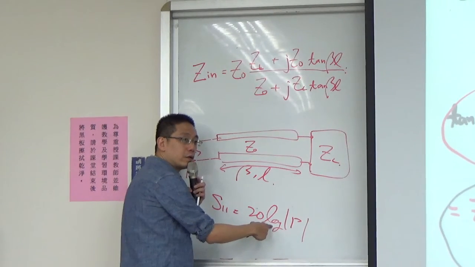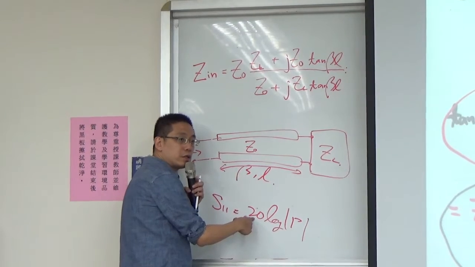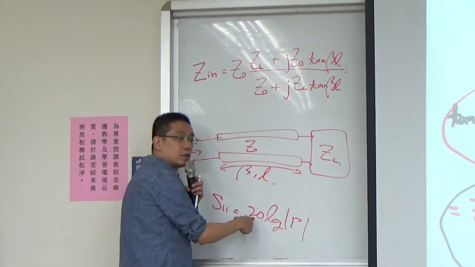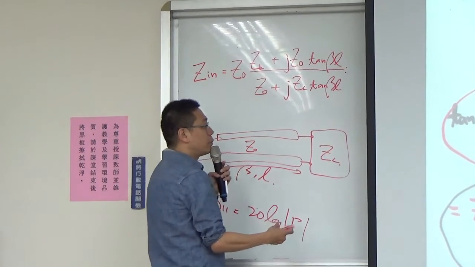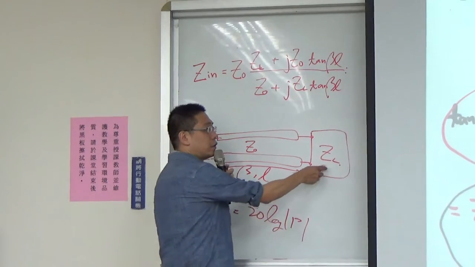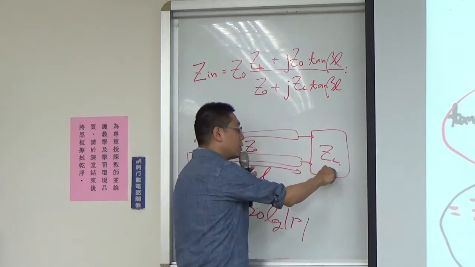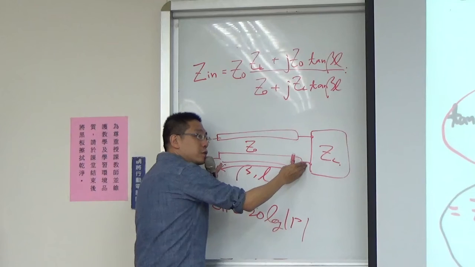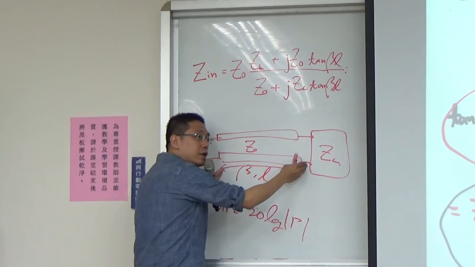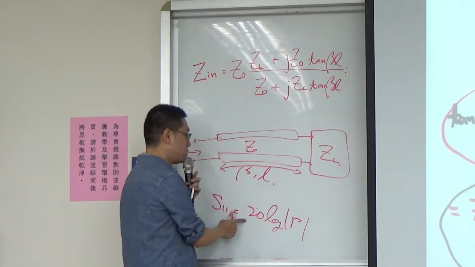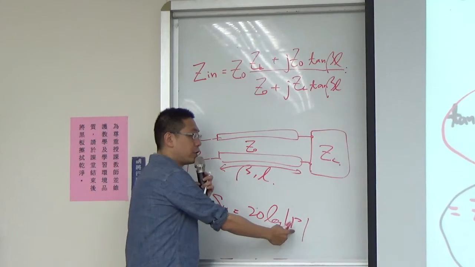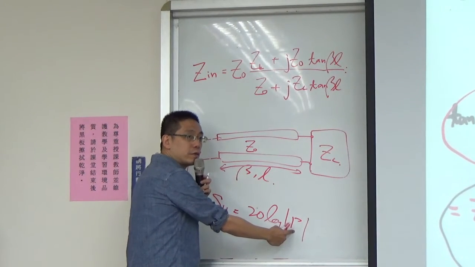You take a log and times 20. So no matter what your load or circuit is, if you connect a transmission line, they change only phase, but your S11 is the same because you take the absolute value.